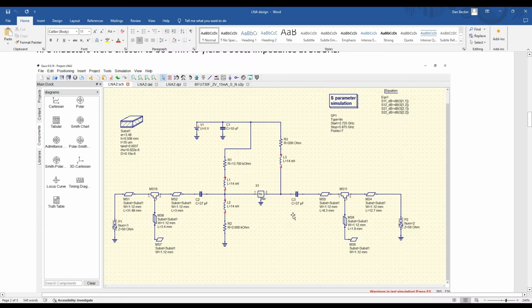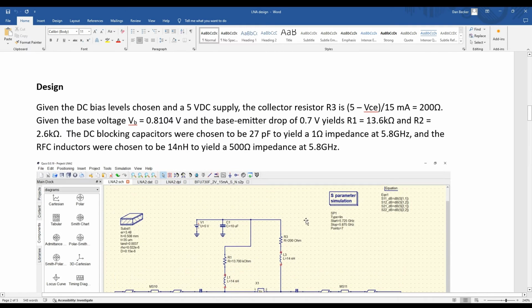There are also inductors to block the RF from getting into the DC, and also these capacitors which block the DC.